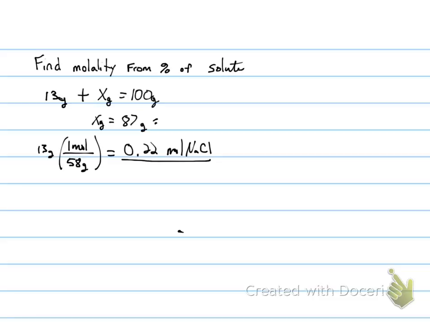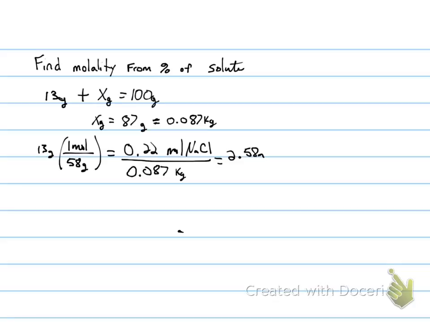And I've calculated 87 grams. Well, that's also the same as saying 0.087 kilograms. It's going to give us 2.58 molality. And that's how we find the molality from the percent.